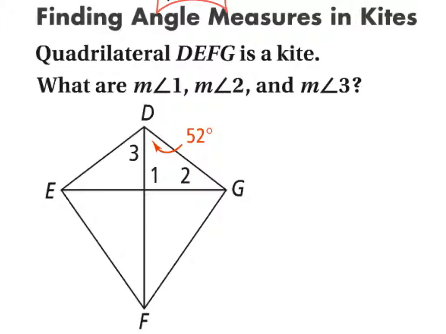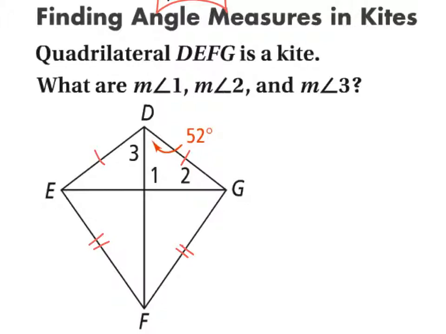They don't have it marked, but it's drawn in such a way that we should be able to tell pretty easily which sides of the kite are congruent. EF and GF, excellent. Then DE must be congruent to DG, absolutely.